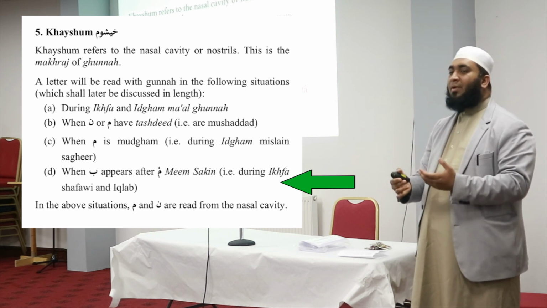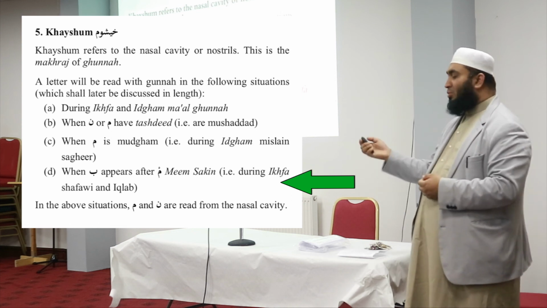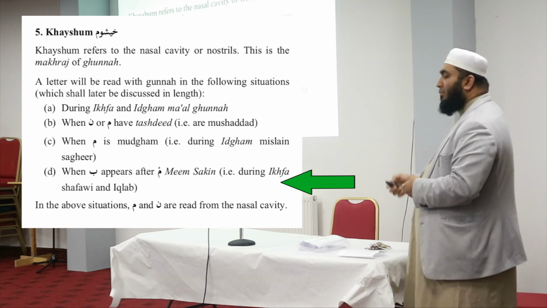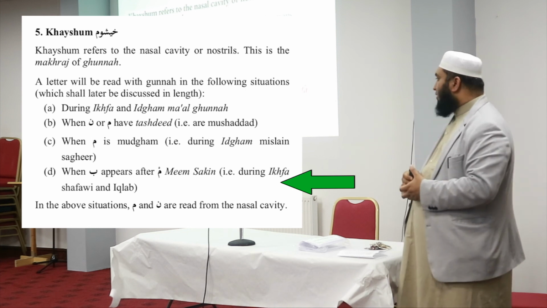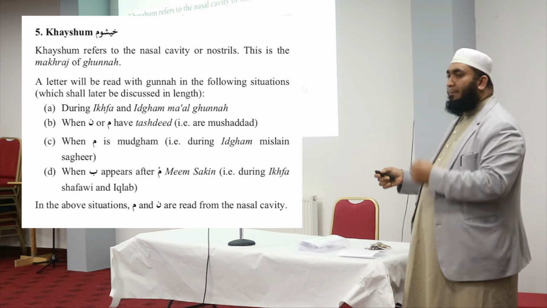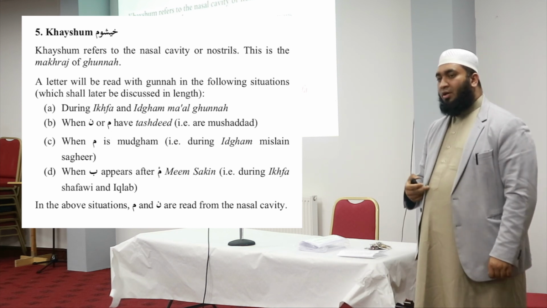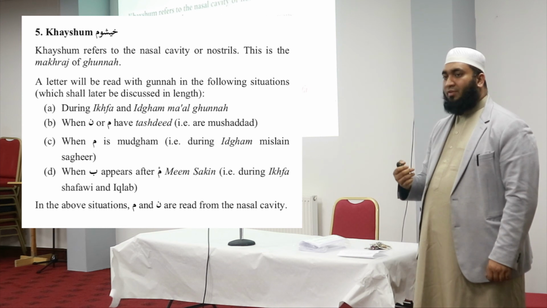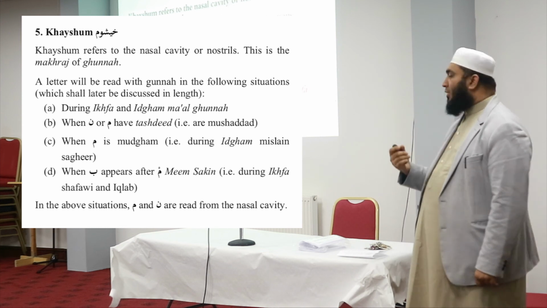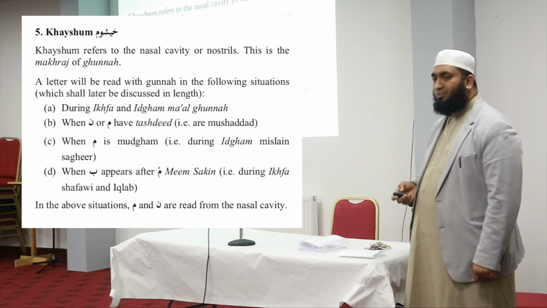The second Mim becomes Sakin followed by a Ba, so it will be the same rule and we will make Gunna. In all the above situations, Mim and Nun will be pronounced from our nasal cavity, Khayshum, with Gunna.